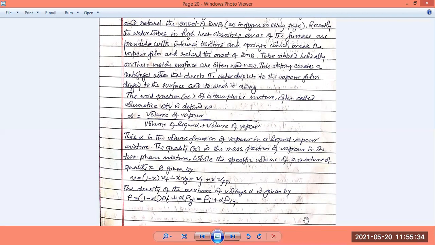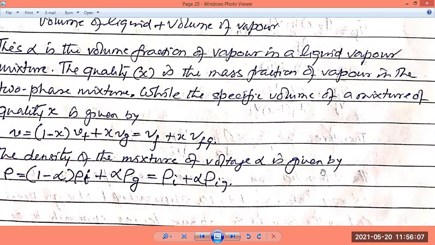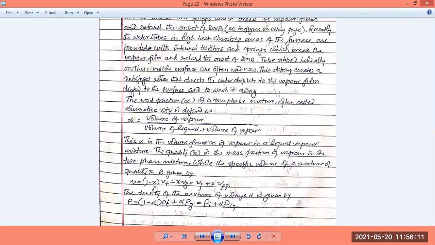The density of the mixture of voidage alpha is given by rho = (1 - alpha) rho_f + alpha rho_g.